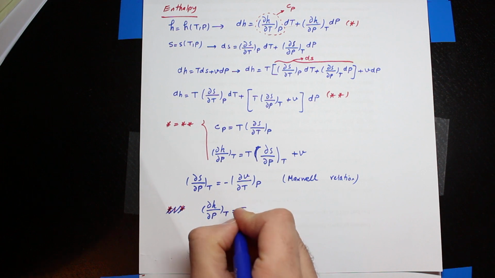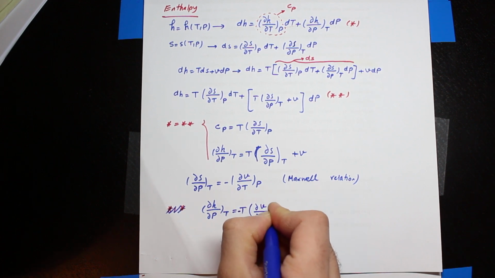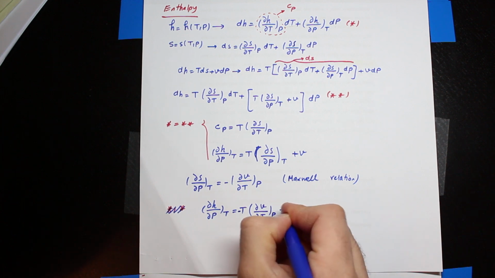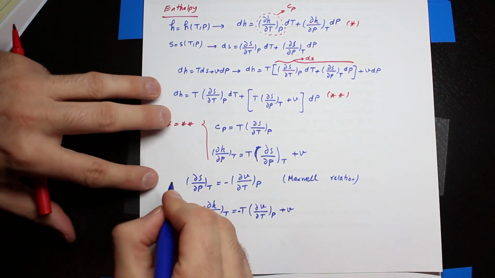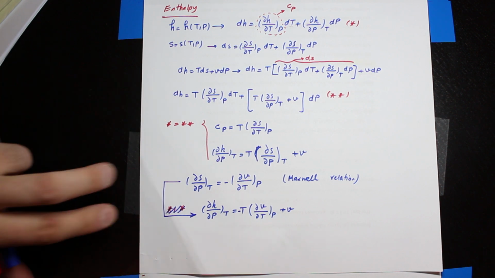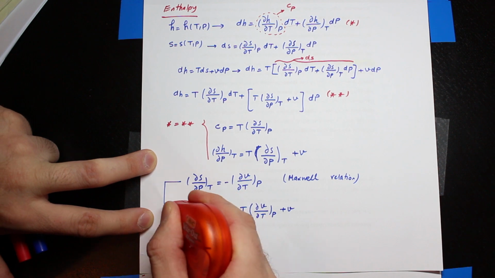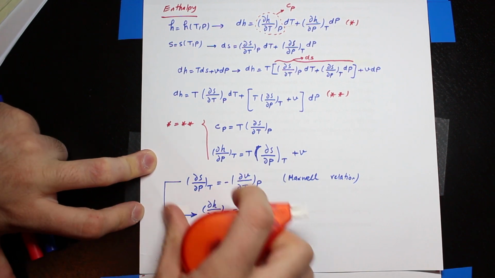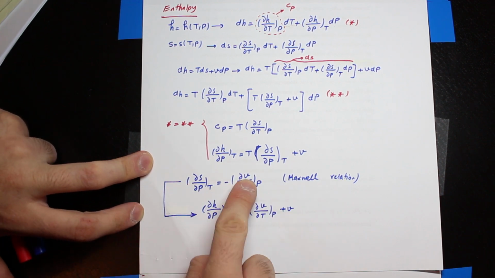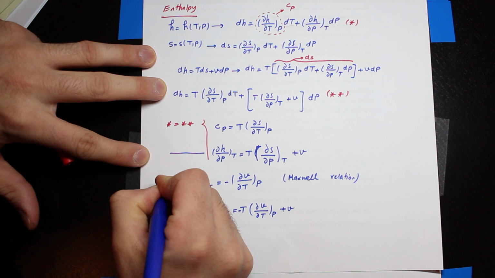There is a negative sign, so I put negative T partial V partial T for constant pressure, plus V. So basically, this equation is coming from here.